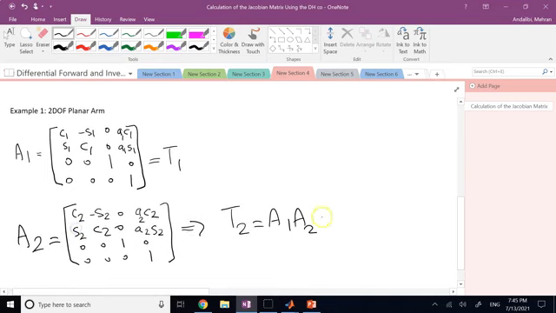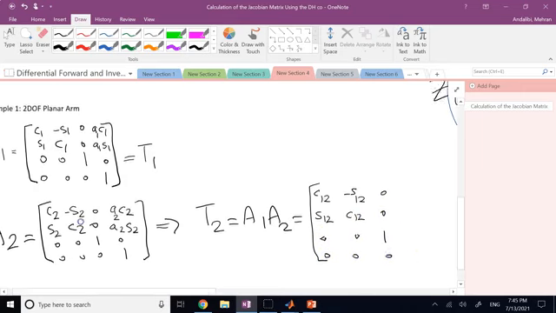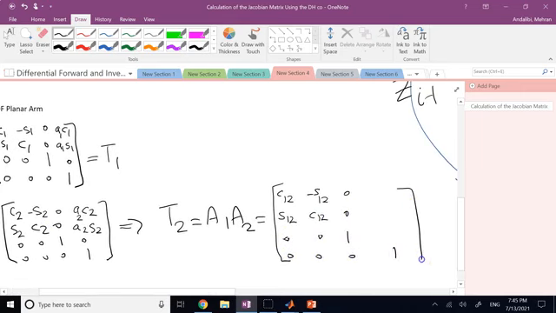And if you go back and look at the DH method again, I guess it was C12, negative S12, where 12 means the sum of the angles. S12, C12, 0, 0, 1, 0, 0, 0, 0, 0, 1, and then this one was A1C1 plus A2C12.